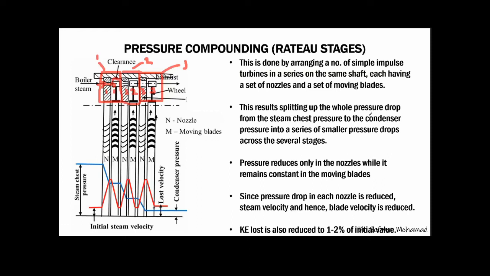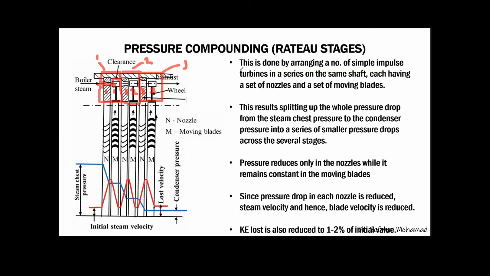And this will also reduce the kinetic energy loss to 1 to 2% of the initial value. So before this, we know that in a simple impulse turbine the kinetic energy loss is about 11%, but by having these reduced stages, the kinetic energy loss is only 1 to 2%.